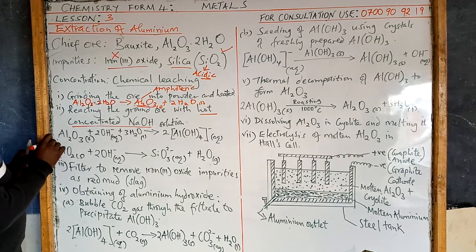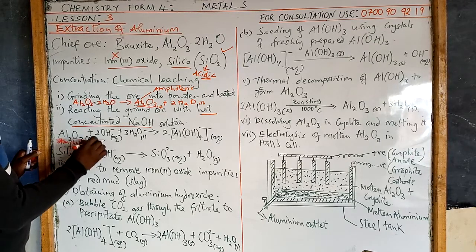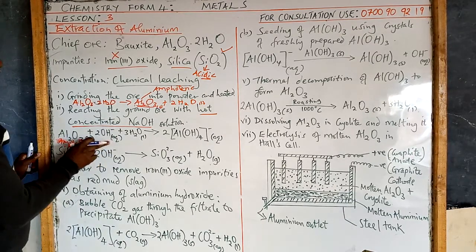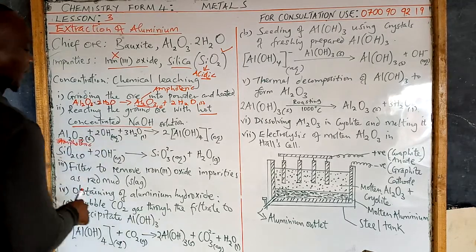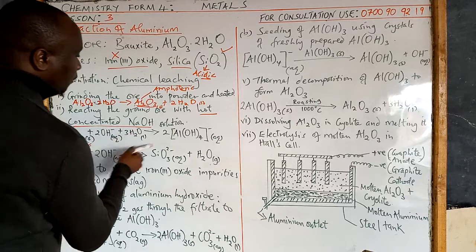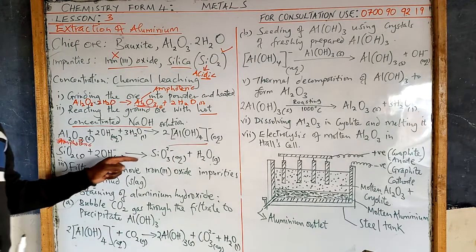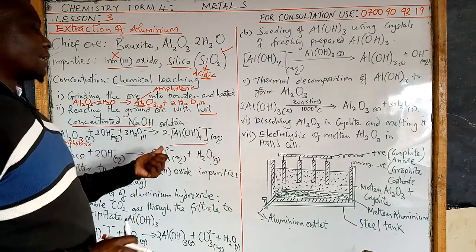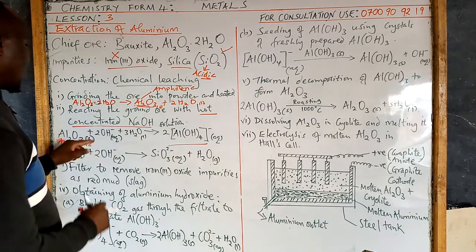So the amphoteric aluminium oxide reacts with the hot concentrated sodium hydroxide. So these are the hydroxide ions from sodium hydroxide, forming aluminate ions, or if you like, this will be sodium aluminate, because now we have cancelled out sodium ions as spectator ions.